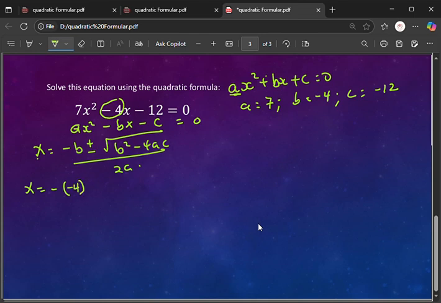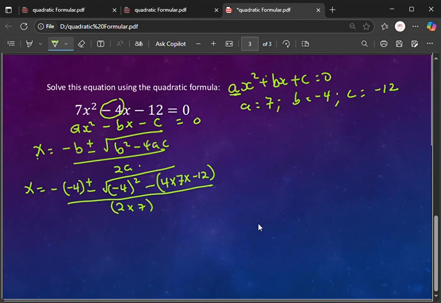Okay, then plus or minus root of negative 4 all squared minus 4 times a, which is 7, and then times c, which is negative 12. You take the coefficients the way they are over 2 times 7.